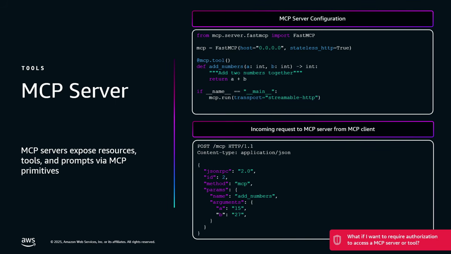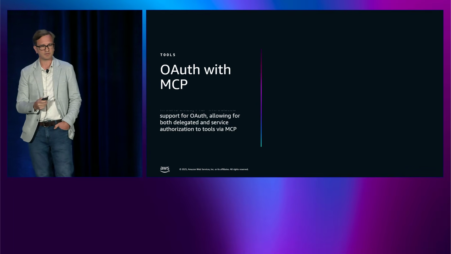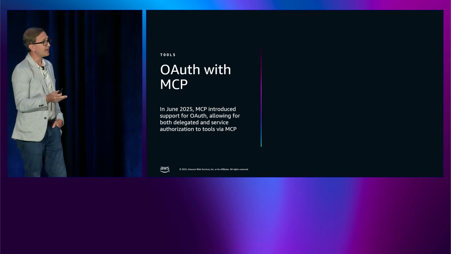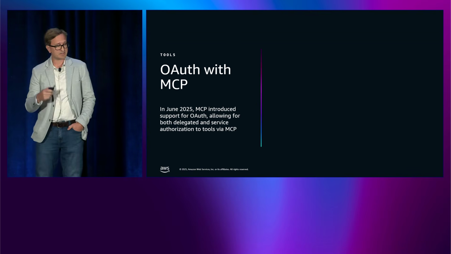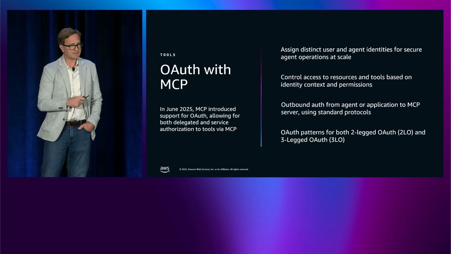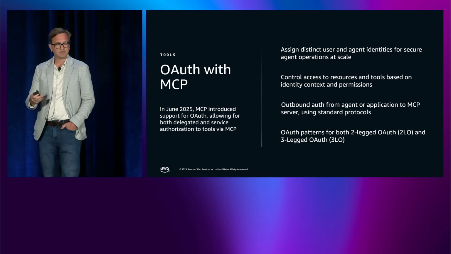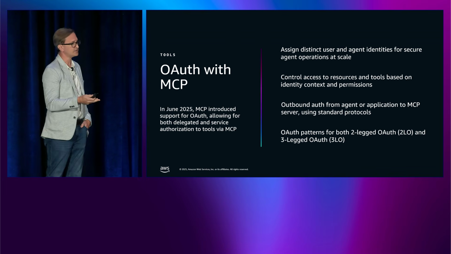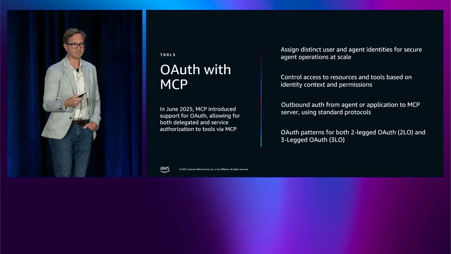So what if you want to require authorization as part of MCP for an MCP server or a tool? OAuth was recently added into the MCP specification, in about June of 2025. OAuth allows you to do both delegated access as well as service authorization to tools using MCP.